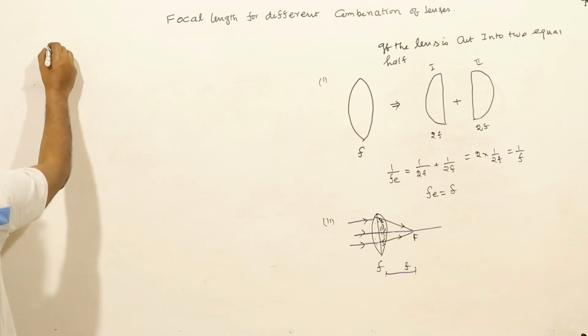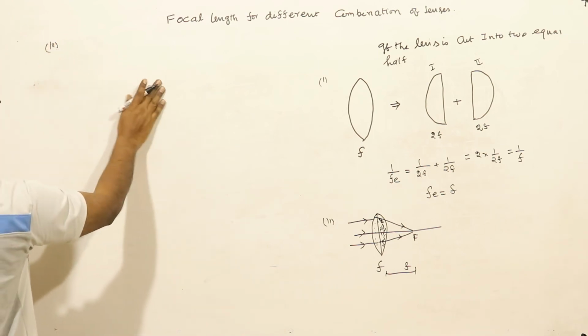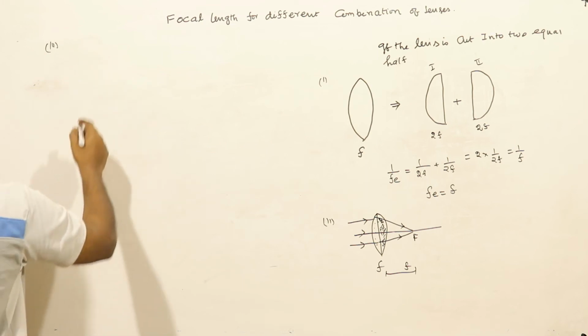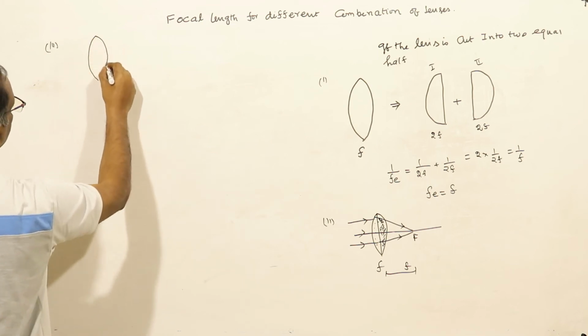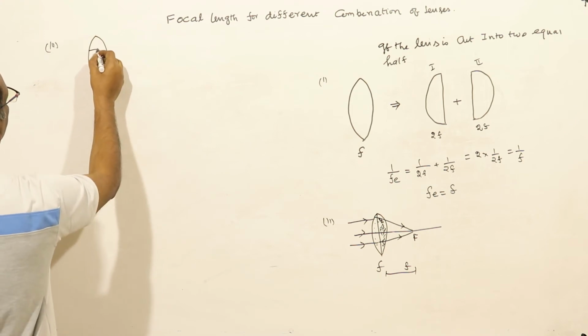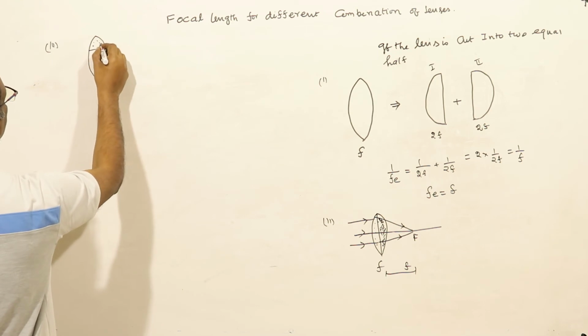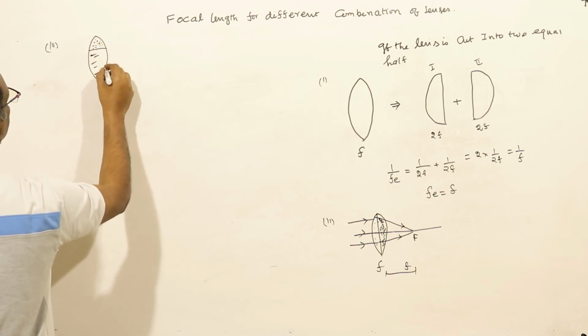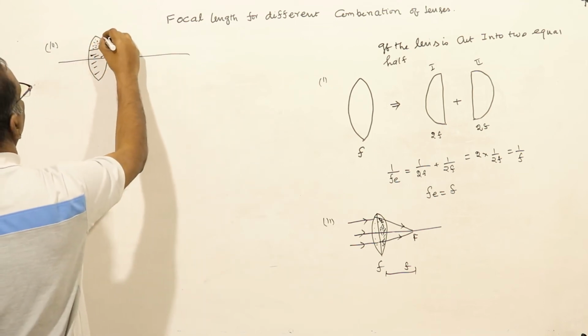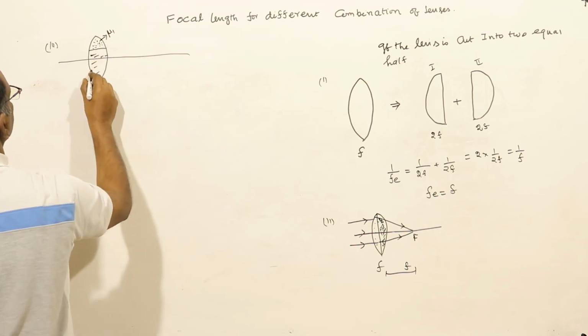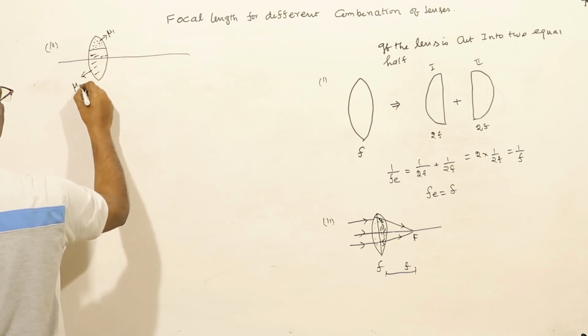Another example, third: if the upper portion of the lens is filled with some medium and the lower portion with another refractive medium, in this case this will have a refractive index of mu1, this will have a refractive index of mu2.